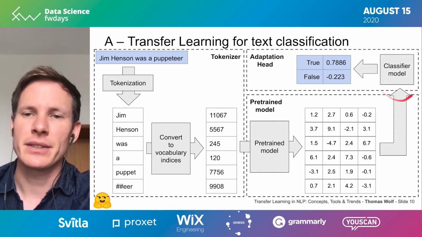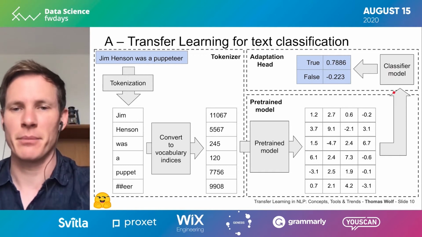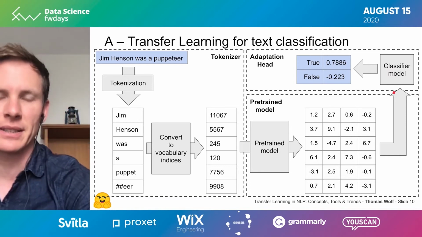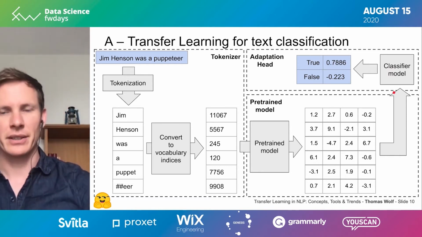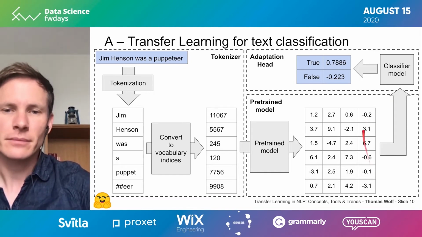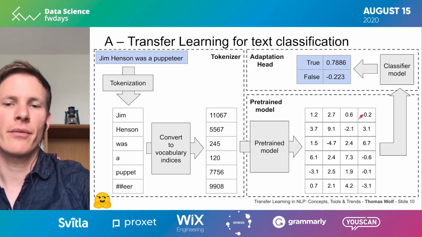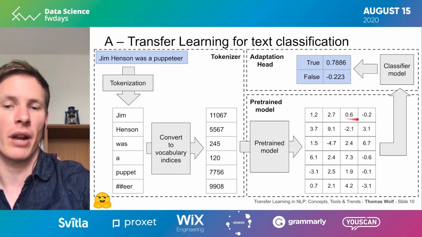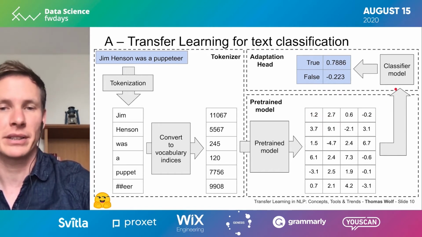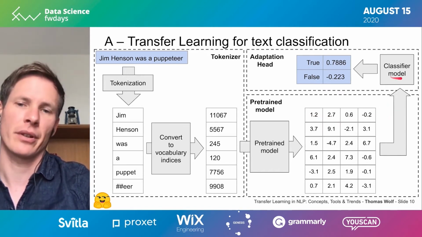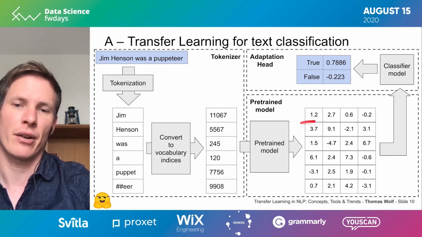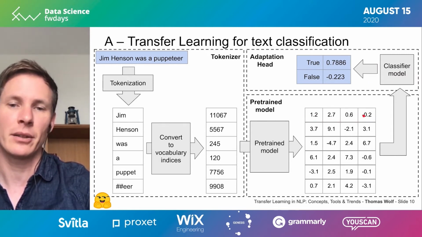And this is a classifier model, so it can be very simple. For instance, in our text classification here, we can just pool this representation. For instance, we can do max pooling or average pooling, so we get just one vector. And then we just have a down projection with a linear layer from the dimensionality here, which is 4.